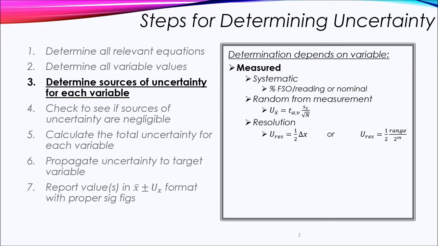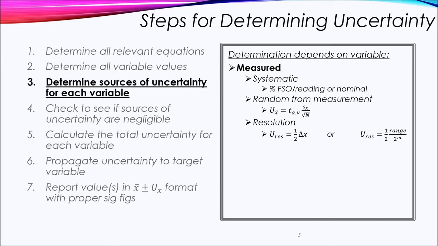And that usually comes in 2 forms. One is where it's just half of the smallest increment in your measurement. So if you think about like a ruler, for instance, each of those tick marks would be that delta x. And then the resolution uncertainty is just half of that delta x.